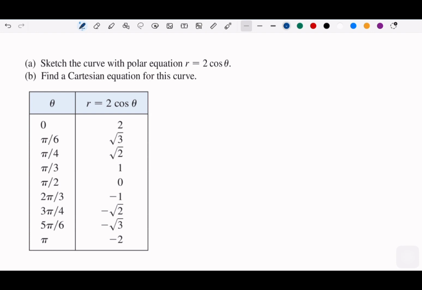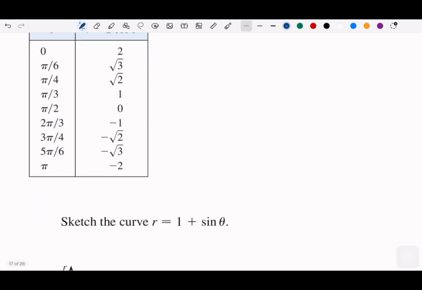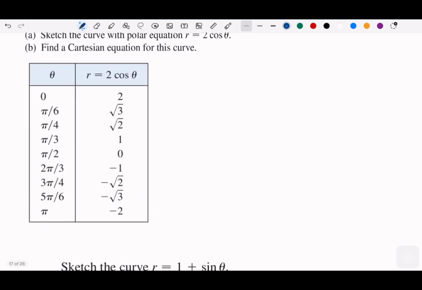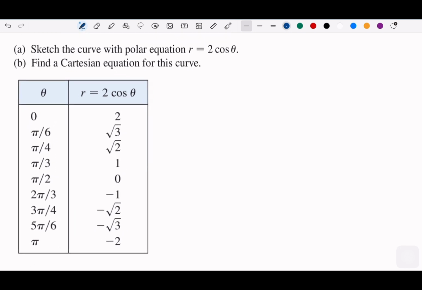So I will explain slowly here, one by one. We could try to pinpoint all the directions, all the angles and the values of the radius.